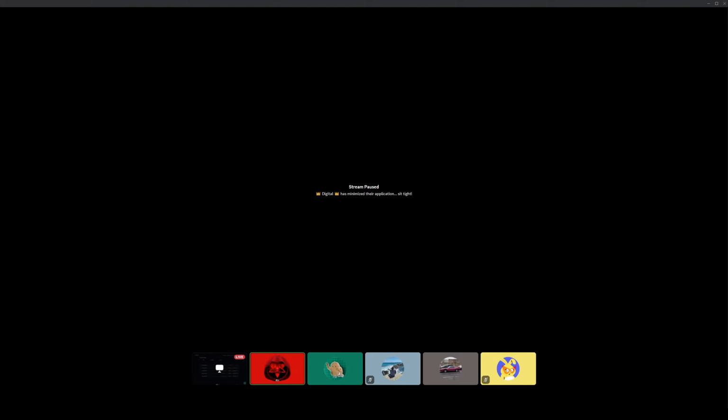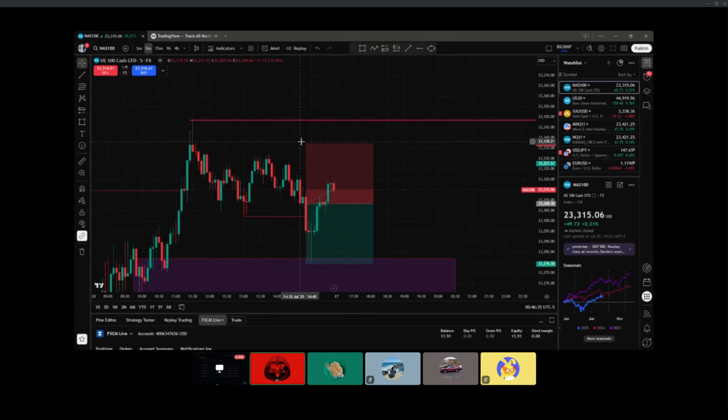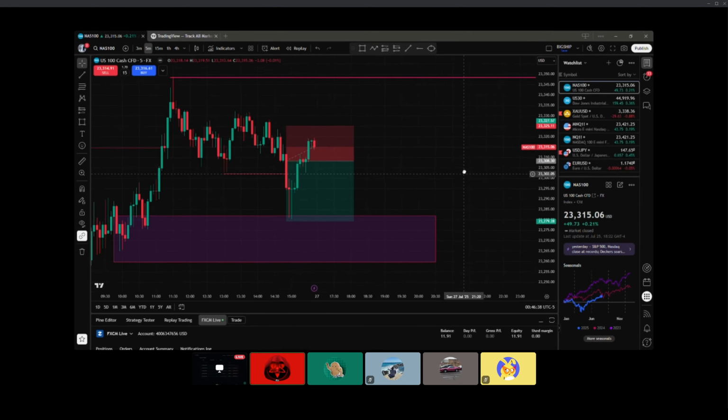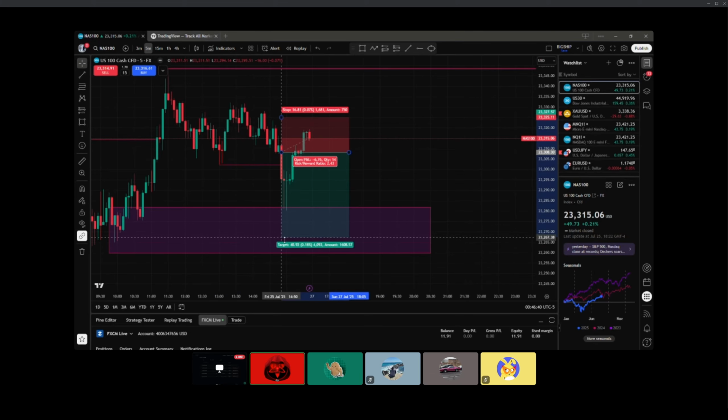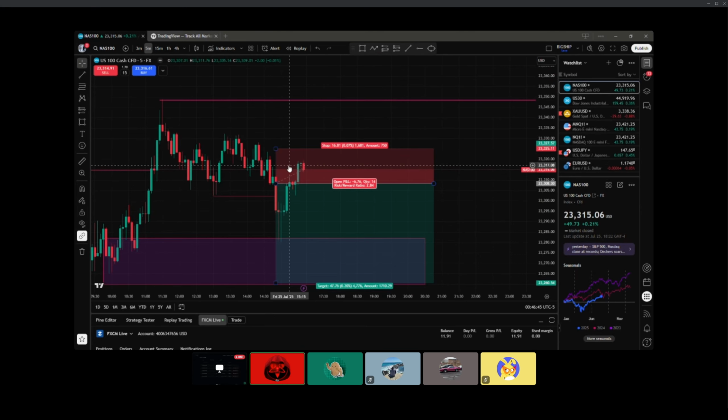Once I execute a trade here and my bias is indeed correct, for example, and my stop loss is somewhere around here, and I'm targeting these lows, once I see this, I pull out of the trade.